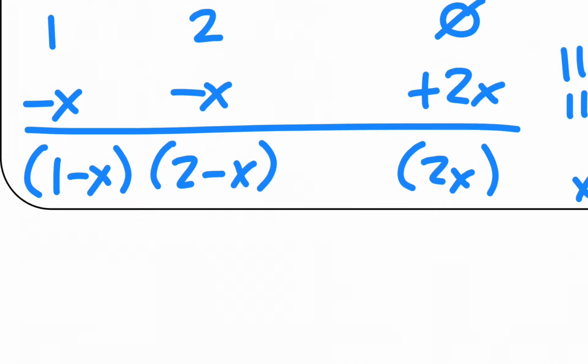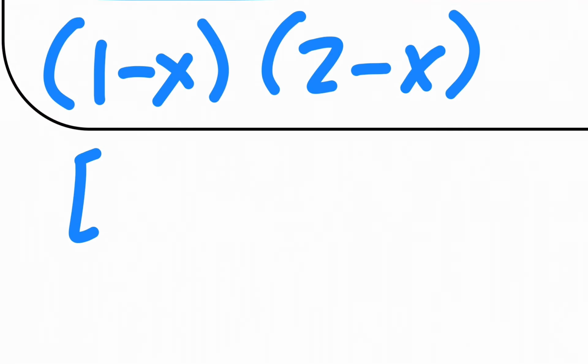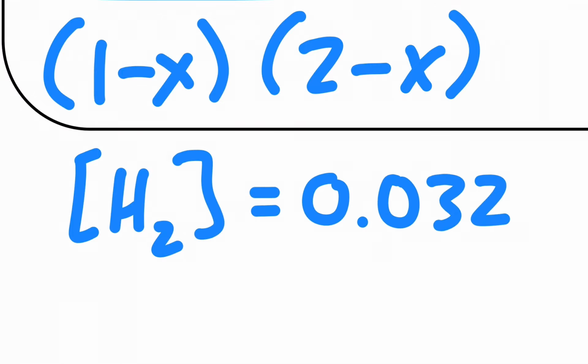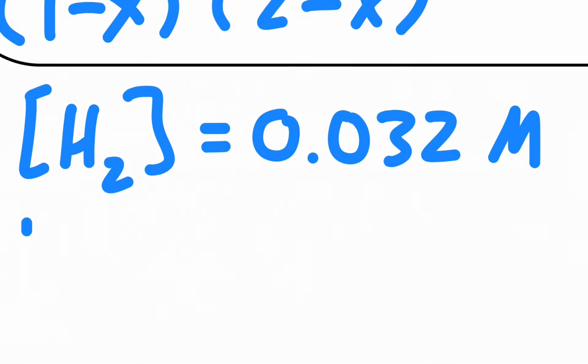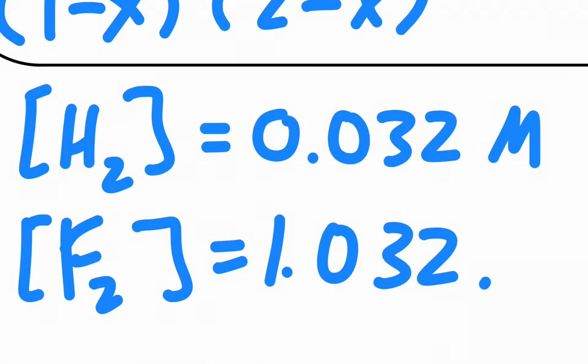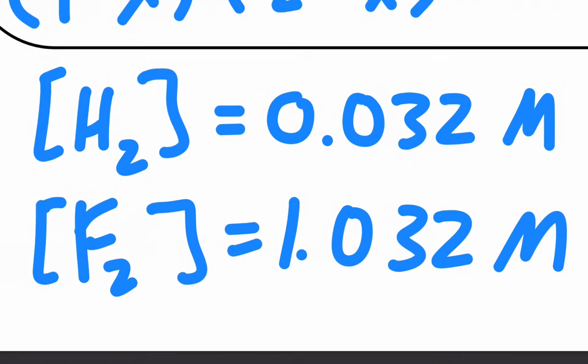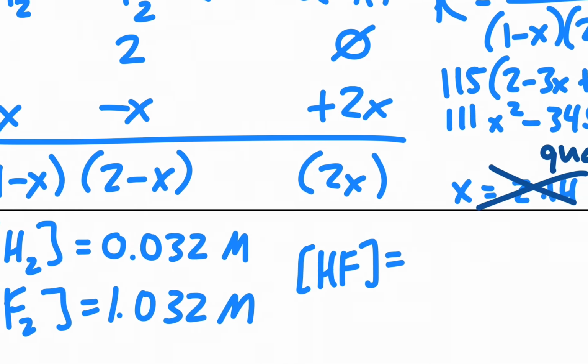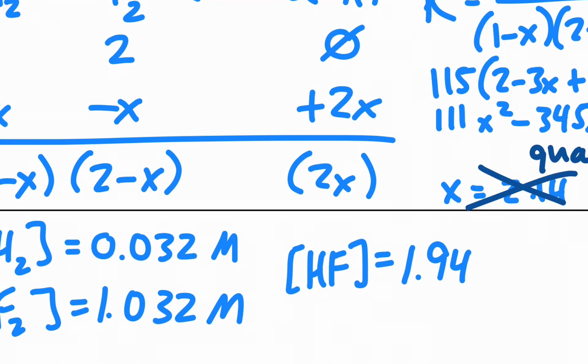And when you plug x back in, you get a value for hydrogen, which is 1 minus x, so 0.032 molar. A value for fluorine, which is 2 minus x, that's just 1.032 molar. And then a value of HF, which is 2 times x, and that's 1.94 molar.